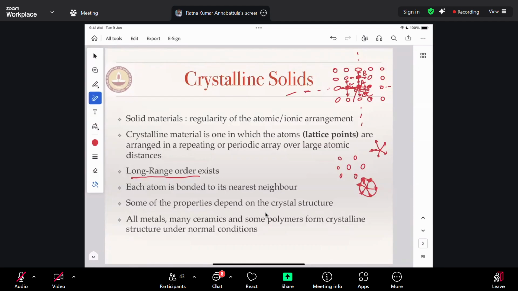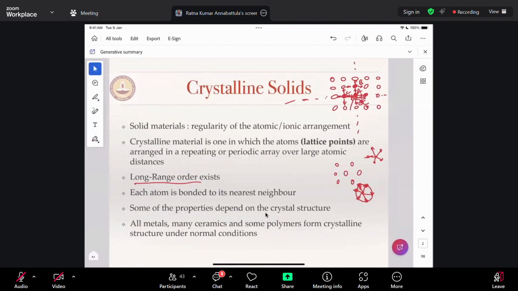The material properties that we are going to discuss in future classes will essentially depend on such a long range order. Most metals, some ceramics and some classes of polymers are capable of forming crystalline structures under normal conditions, and that is the reason why it is extremely important that we study these systems.